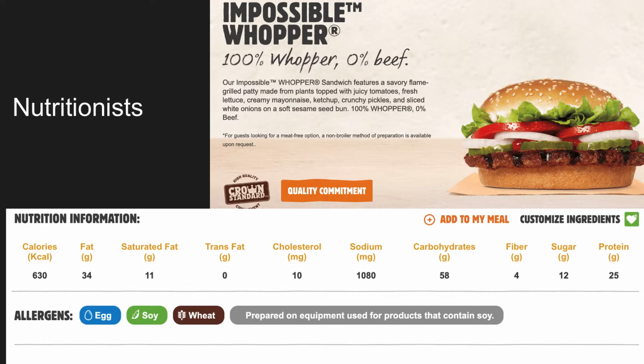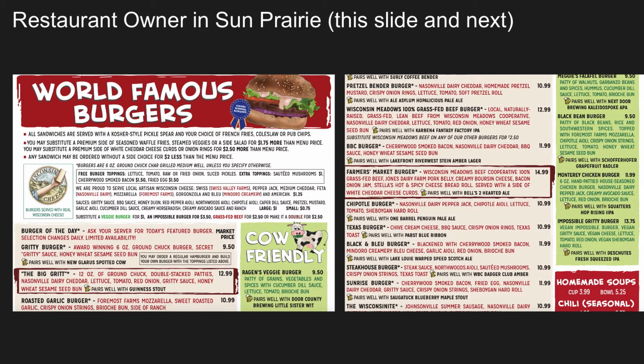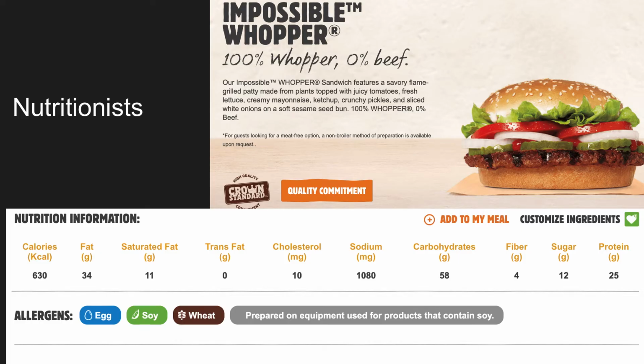They presented this problem to the students through this beginning scenario by having students break into different groups and act as different stakeholders in this problem. So they had students break into groups of nutritionists, scientists, farmers, and restaurant owners. By assigning the students these roles first, they then gave them ideas to question.